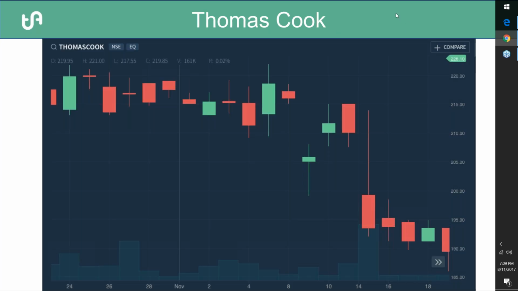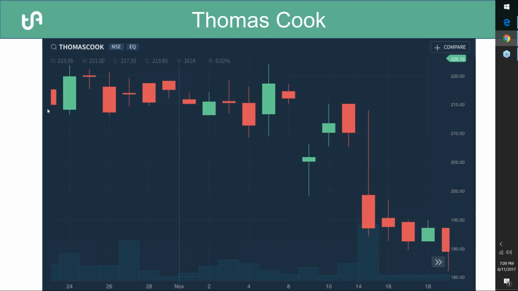So this is a price chart of Thomas Cook. Now, pay attention, because it's very important. We're going to go day by day and see what's going on with Thomas Cook.